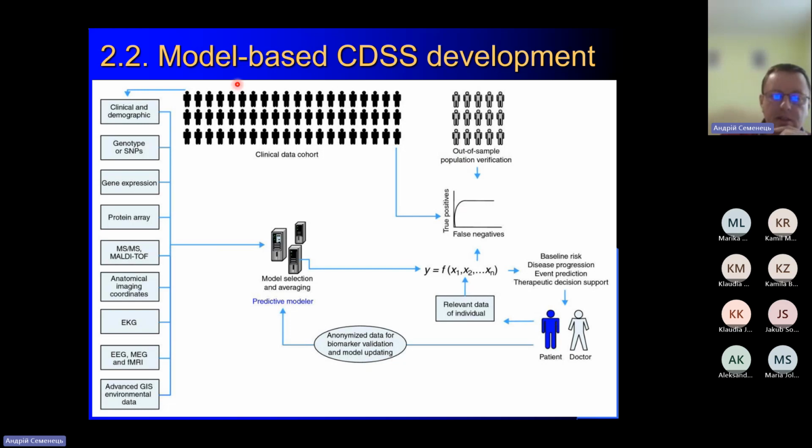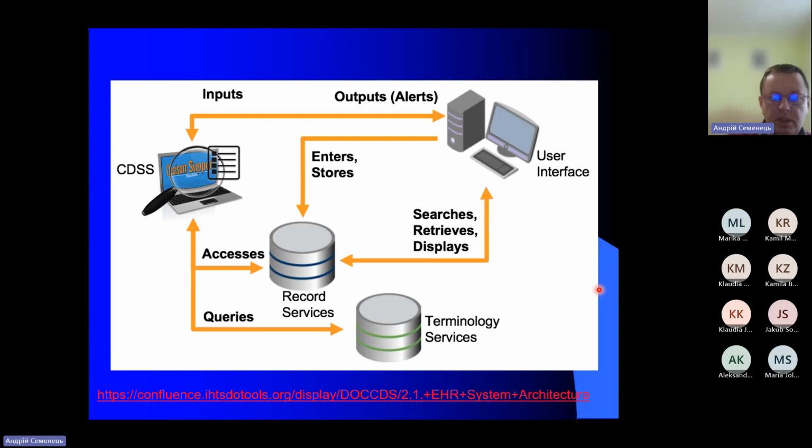So we have a clinical data cohort for learning purposes, and then we have a testing cohort for verification purposes, then improve our data, and after that we can bring our mathematical model to production and implement it into a real clinical decision support system.